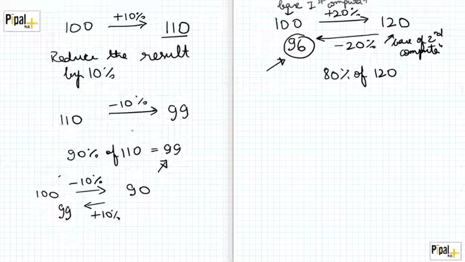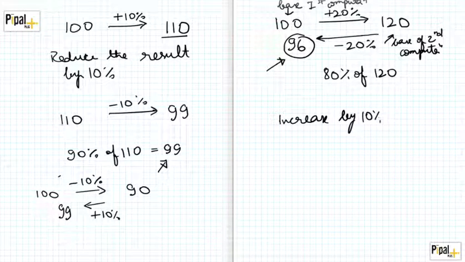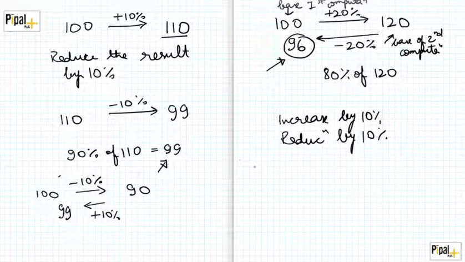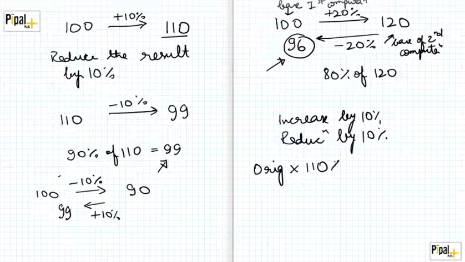Now the whole point of this is very simple. Increase by 10% followed by a reduction by 10% is taking the original amount and increasing by 10%, which means multiplying it by 110%, and then reducing by 10% means multiplying this result by 90%.